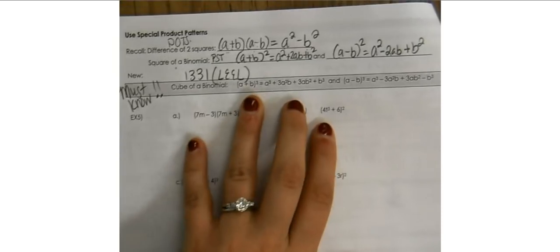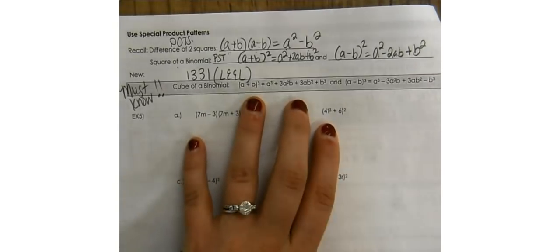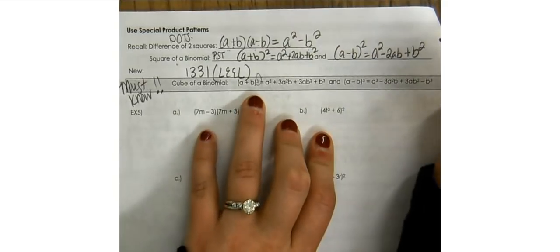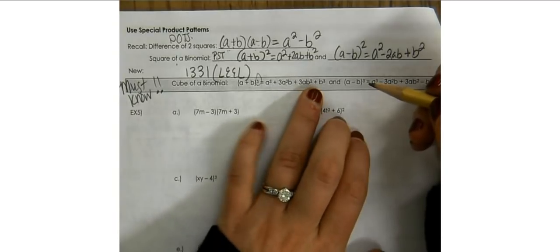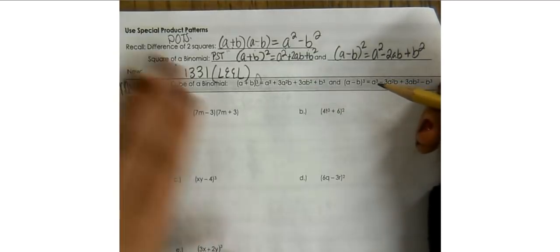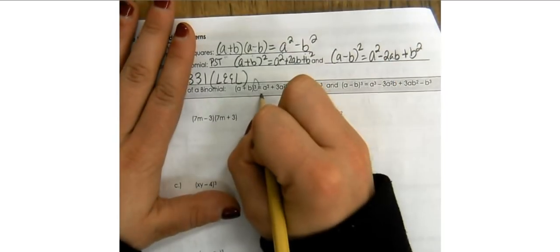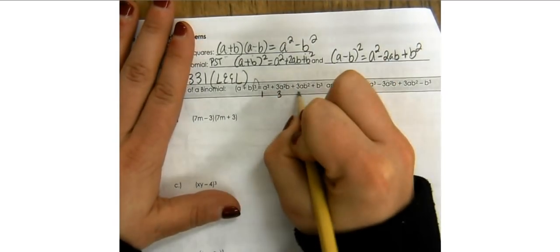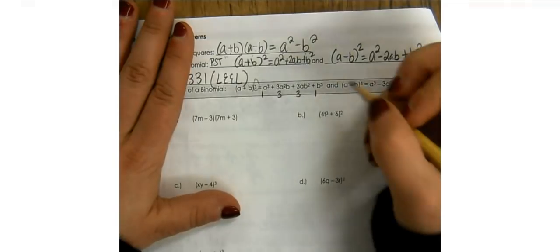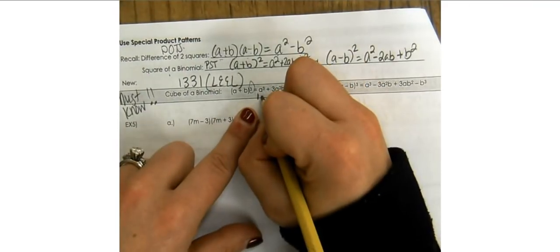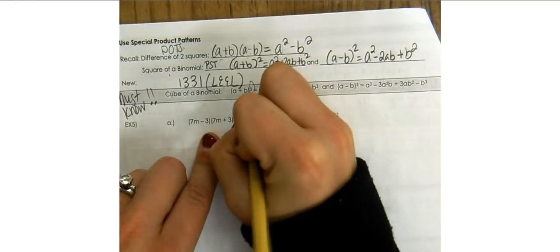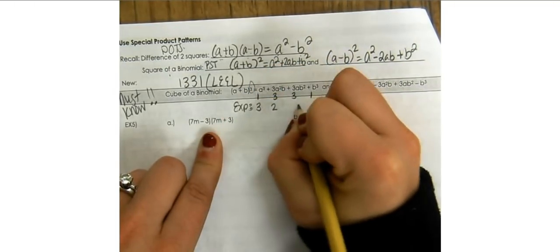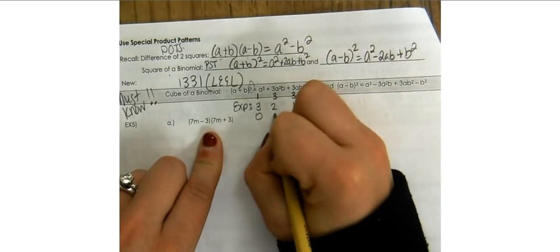If you take a binomial and cube it, the product is going to be a cubed plus 3a squared b plus 3ab squared plus b cubed. The way to remember it is that your numbers in front are going to be 1, 3, 3, 1. Then your exponents are going to be 3, 2, 1, 0, then 0, 1, 2, 3.